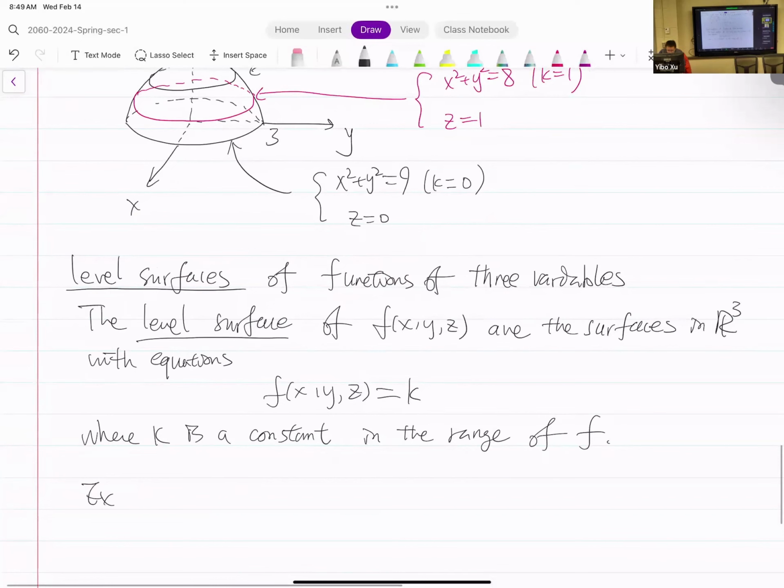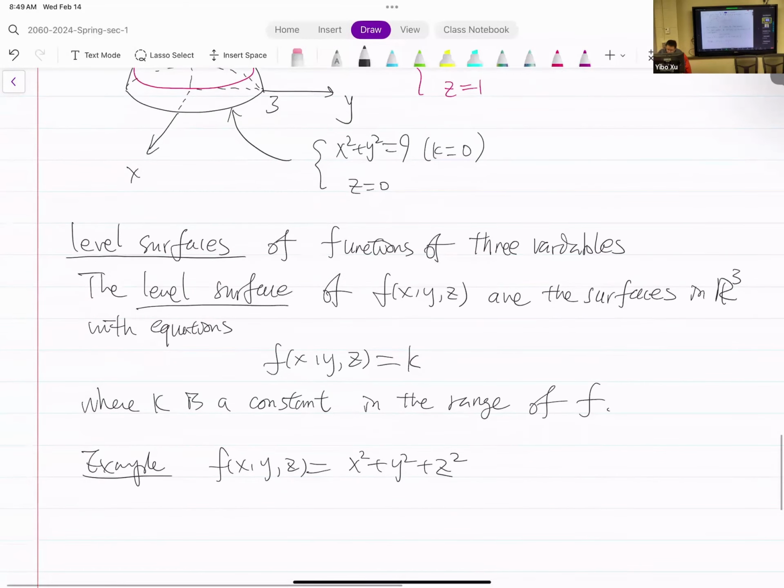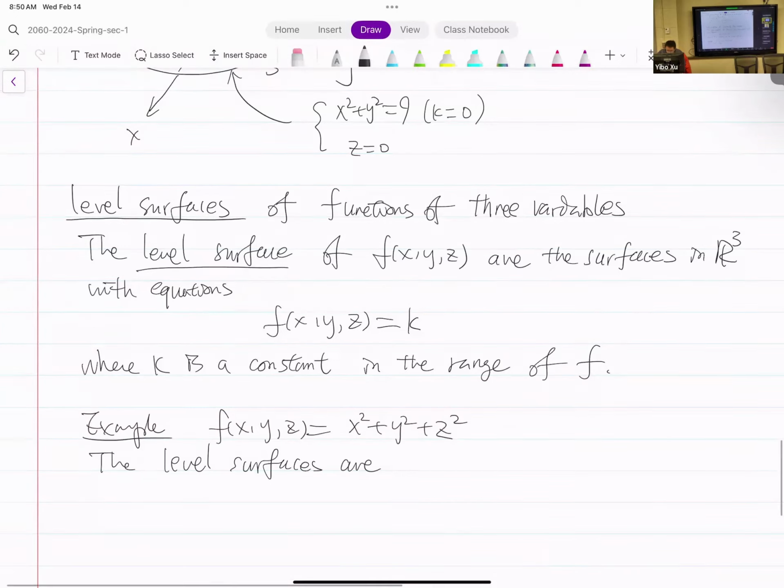So as an example, if we think about f of x, y, z, let's say the sum of the components squared. So here the level surfaces are the following.